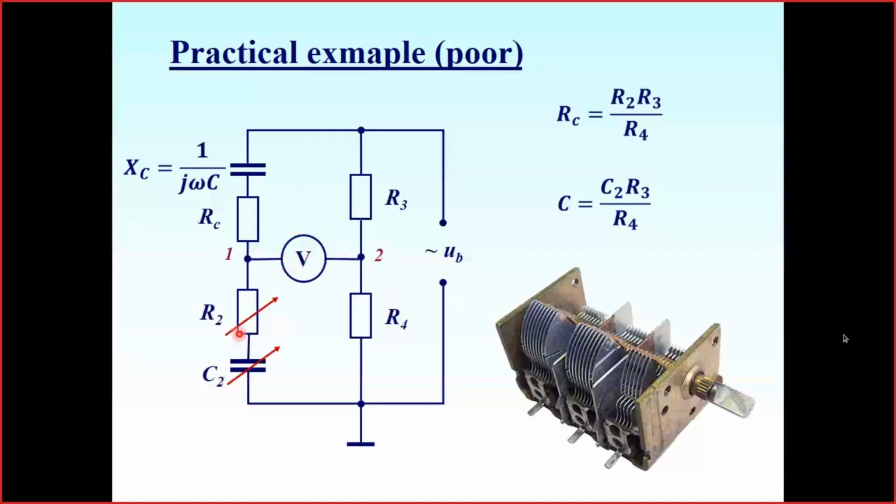Then we should readjust R2 a little bit more, because the change in the capacitor will disbalance the bridge a little. So in this measurement we usually go through such an iteration: we adjust one parameter to get a minimum voltage, then the second parameter, then go back to the first, and continue until we get zero voltage.